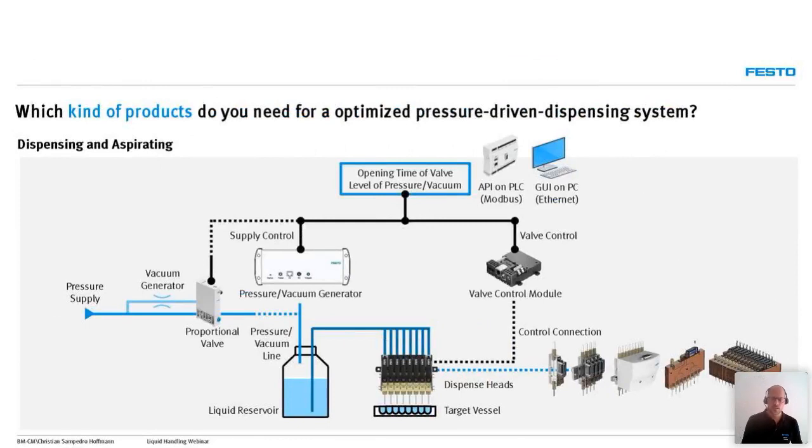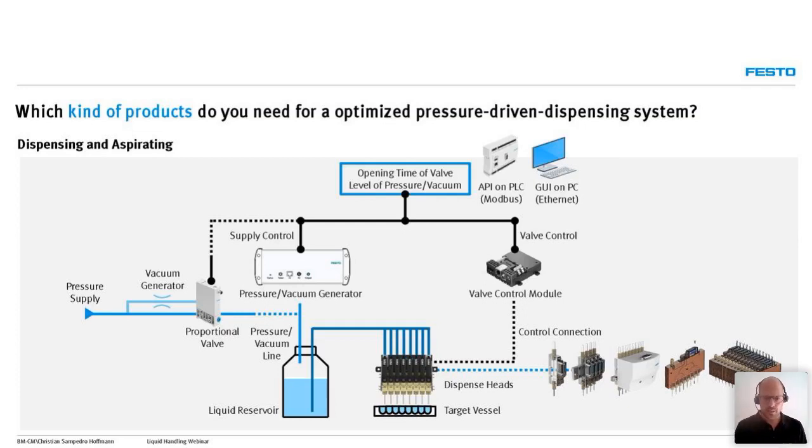Another thing to mention is that you have different opportunities for how to generate the pressure and vacuum. For example, when you have a central pressure air supply in the lab, you can use this with very simple components. And if you don't have this, you need a little tiny box where you can have a decentral pressure and vacuum supply.